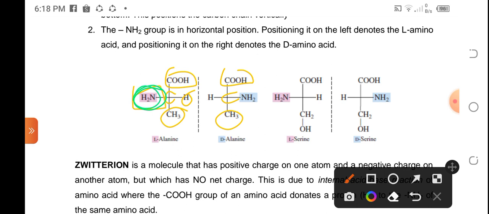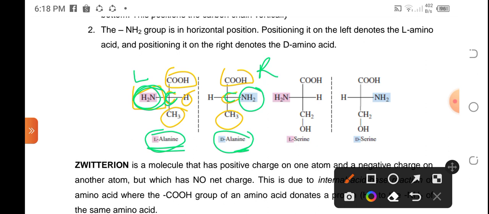If the amino group is oriented at the left side of the alpha carbon atom, then therefore, that would be an L amino acid, or that is the L-alanine. Okay? And of course, if that is oriented on the right side of the alpha carbon atom, then therefore that is the D amino acid or the D-alanine.